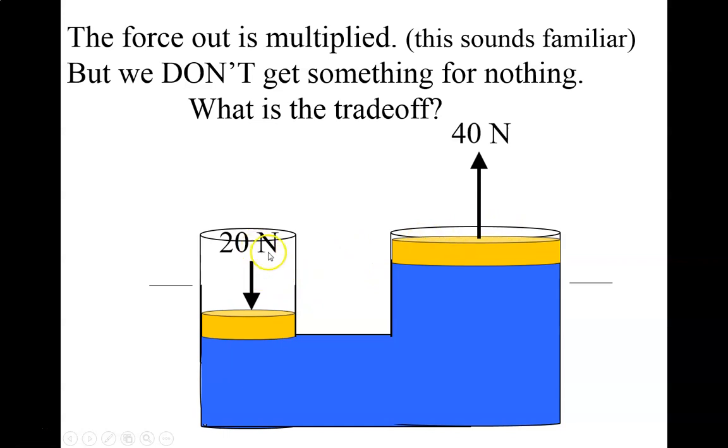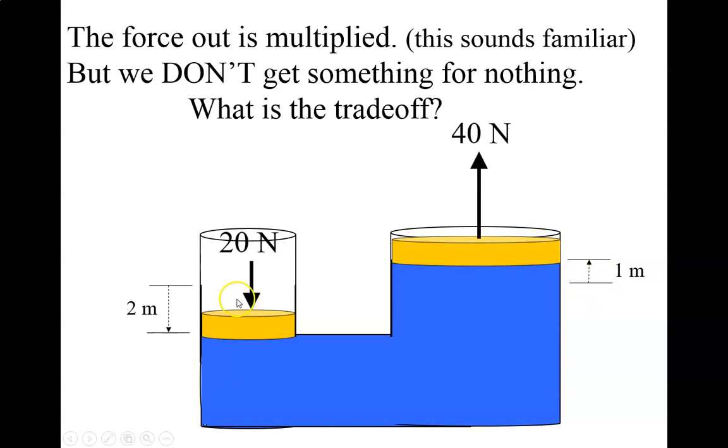This is my input force, which is much less than my output force, and in a car jack it's multiplied by even more. So when I do this, I do work, and I can't get more work out than I put in. So the trade-off is, even though I get more force out, just like in simple machines, I get less distance. I get more output force, but I lose distance.